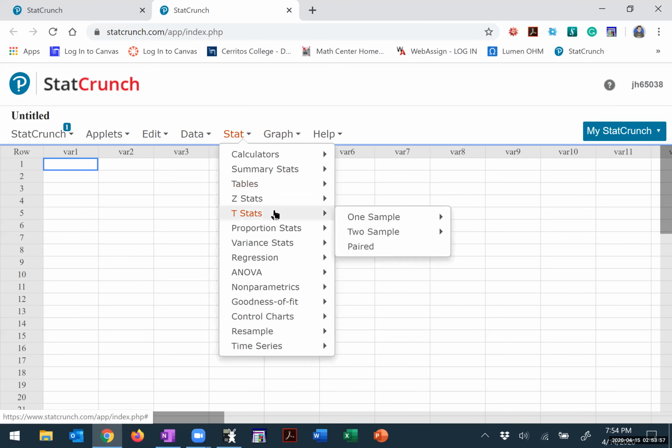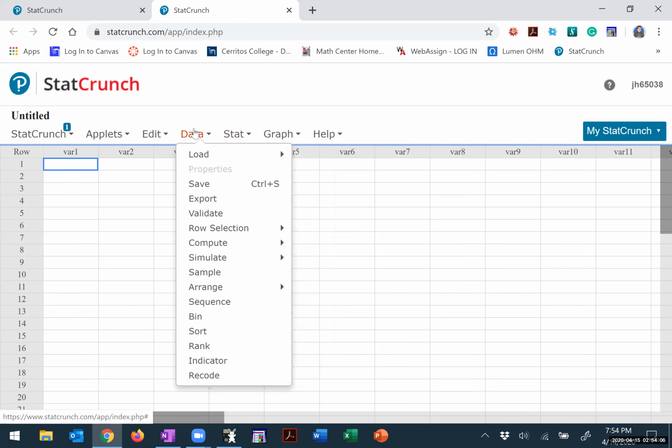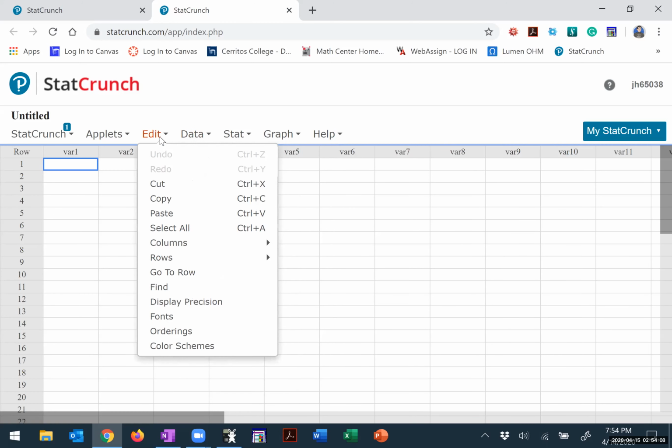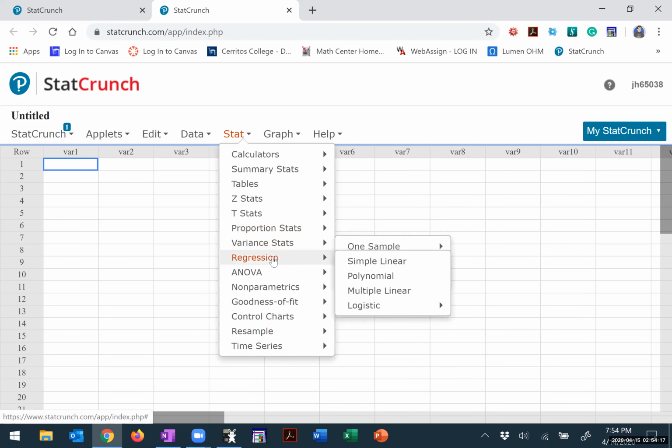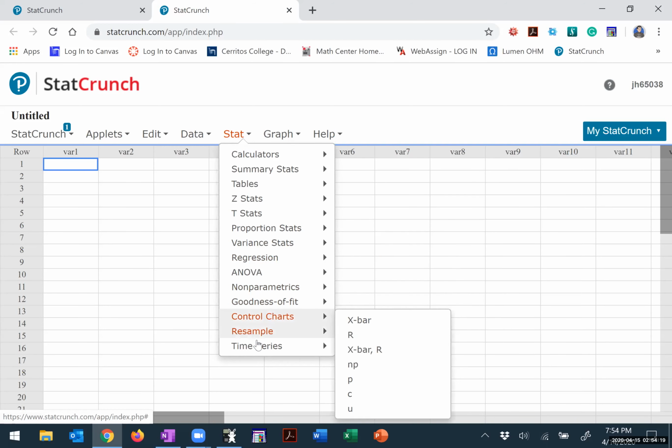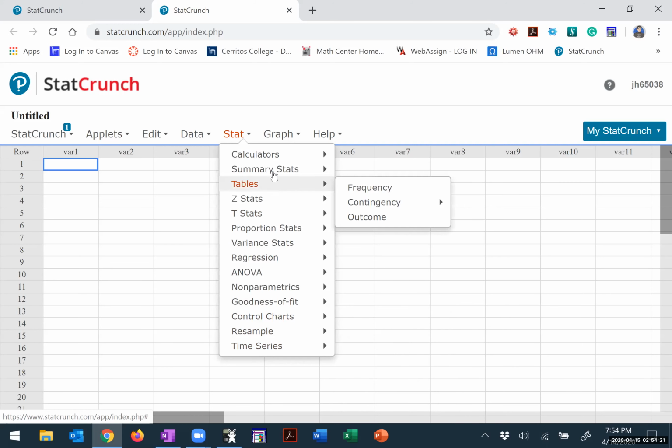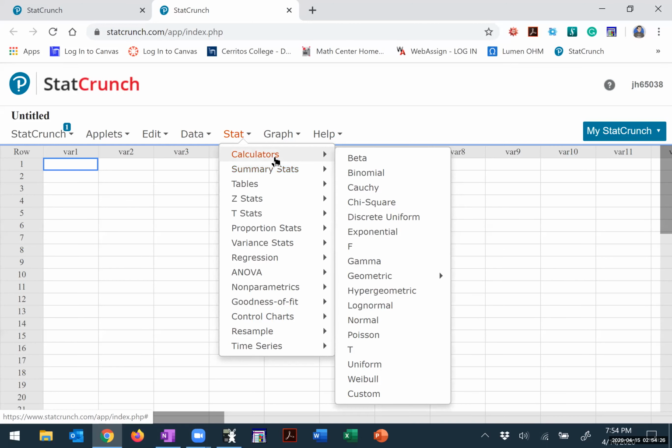I don't want just T. Nope. Where's confidence intervals? Data. No, I don't want data. Where's edit? Sample, varied regression. Should be calculators.